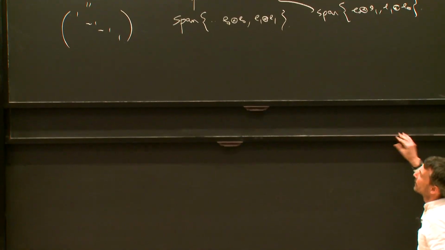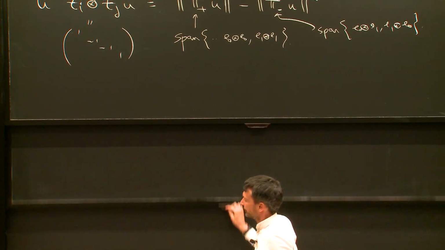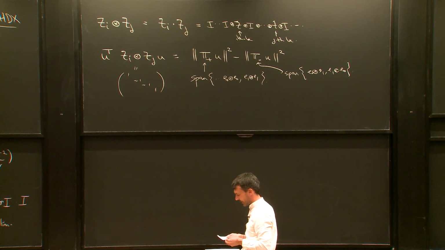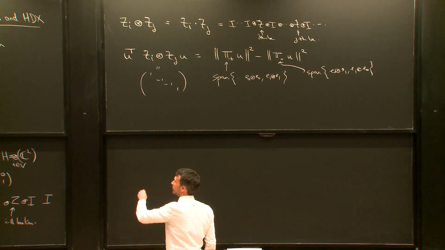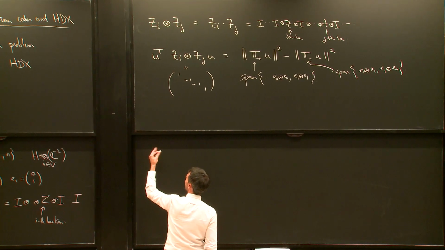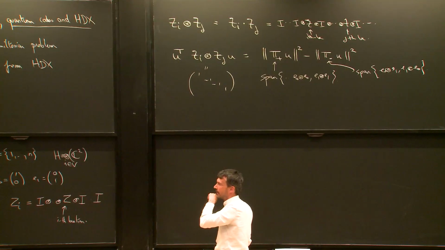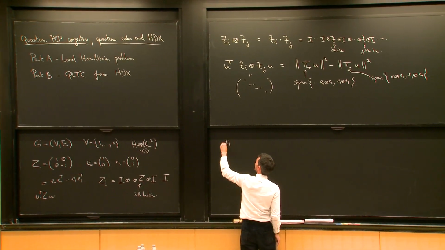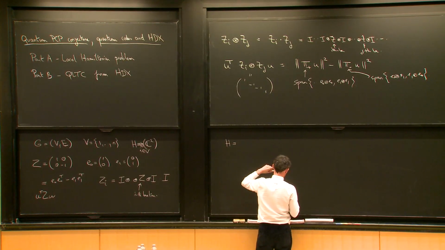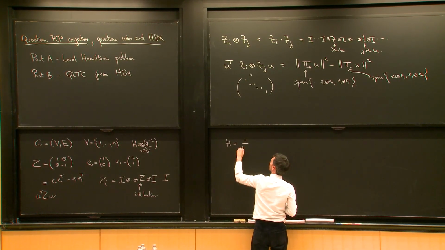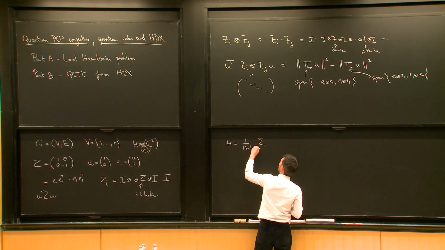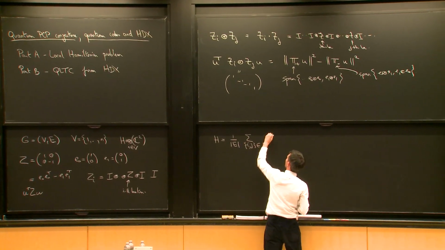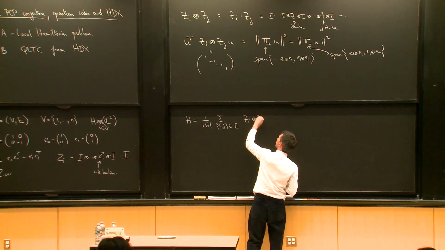All right. So now, I had a graph. I only used the vertex set so far, not the edge set. So now to my graph, I'm going to associate the following Hamiltonian. We call Hamiltonian in general any Hermitian matrix thought of as an energy potential. So we'll just take H equals 1 over |E| times the sum over all edges, the edges are undirected, of Zi tensored Zj.